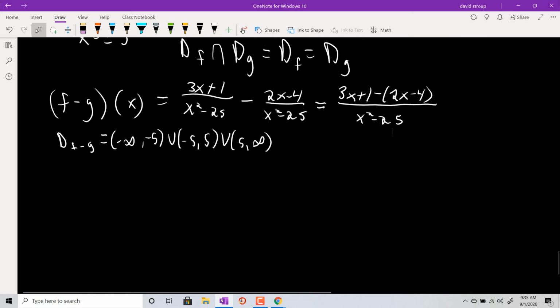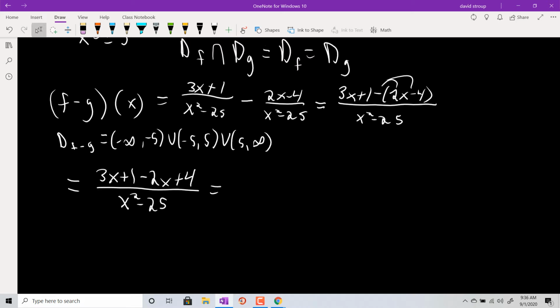That then equals 3x plus 1, and you have to distribute this negative, minus 2x plus 4, all over x squared minus 25. Then that will be 3x minus 2x is x, and 1 plus 4 is 5, all over x squared minus 25.